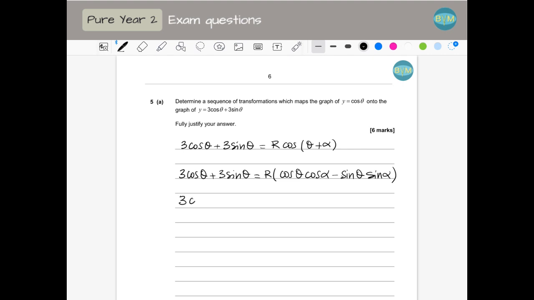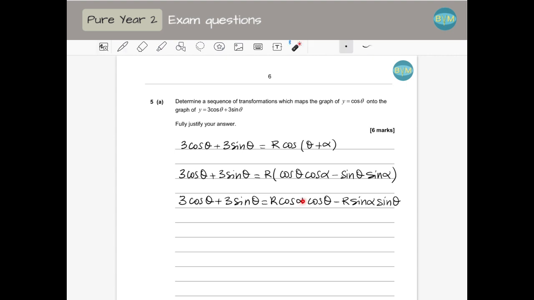I expand my bracket, so 3 cos theta plus 3 sine theta is r cos alpha cos theta, I'm going to write cos alpha first, and you will see why, minus r sine alpha sine theta.